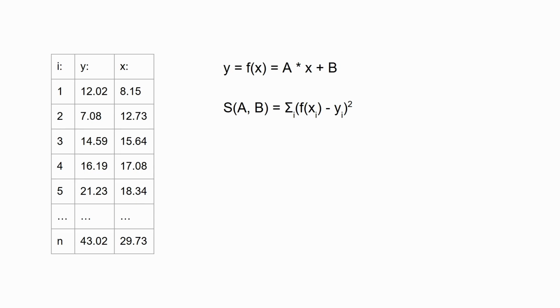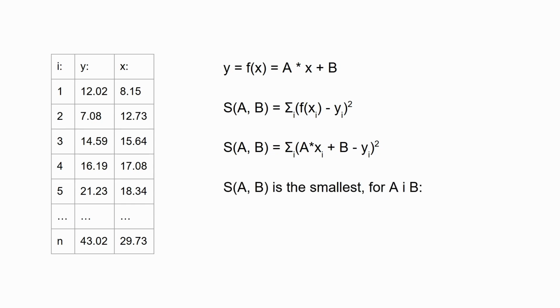Therefore, S will be the sum of squared errors, ensuring that for each point we add positive values and they don't cancel each other out. The condition for the minimum value of the function S, which depends on the parameters a and b, is setting the partial derivatives of S with respect to a and S with respect to b to 0.